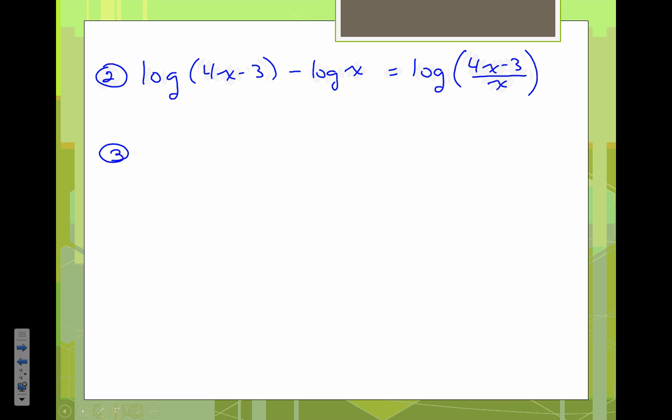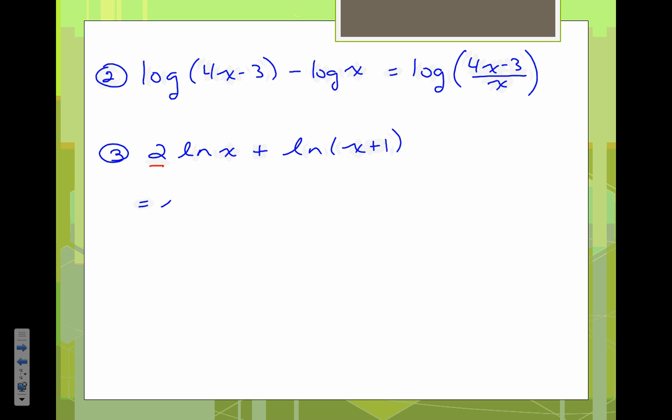And example 3 now, I've got 2 ln of x plus ln of x plus 1. Because I'm adding, I can multiply, but here's an example of where, because I have that coefficient of 2 showing, I want to make sure that that's a 1 first. So I'm going to bring that 2 and do the opposite of the power rule and express that as the exponent on x.